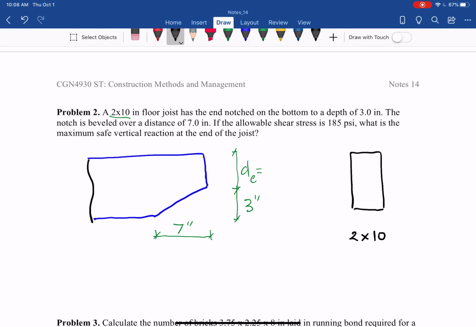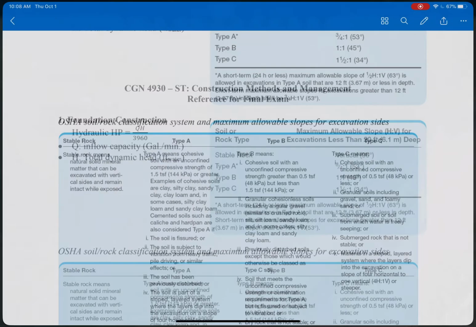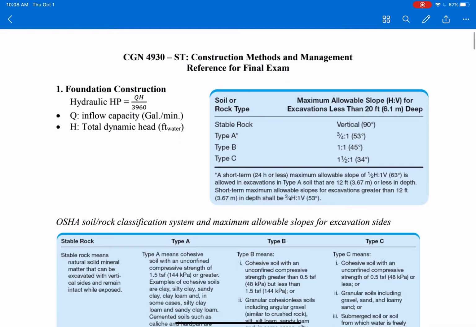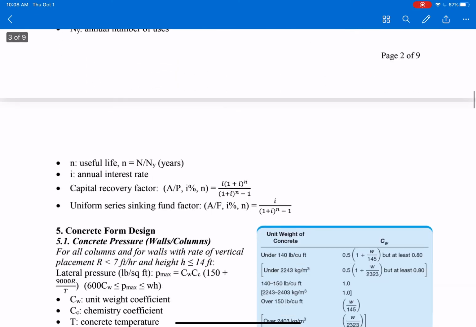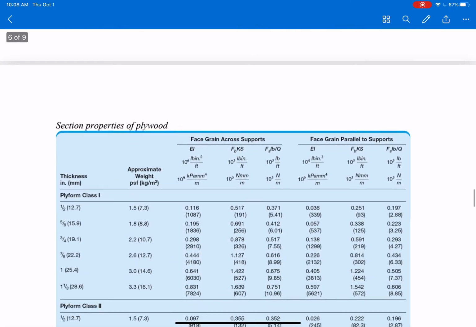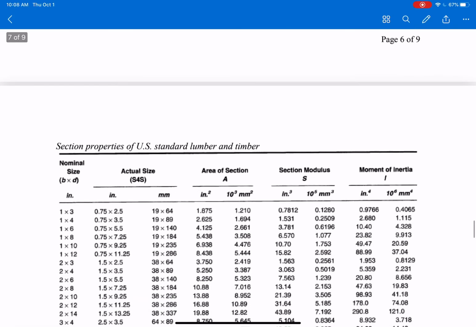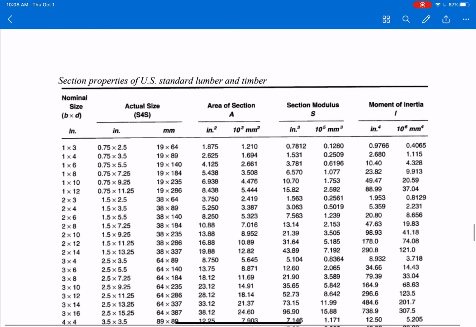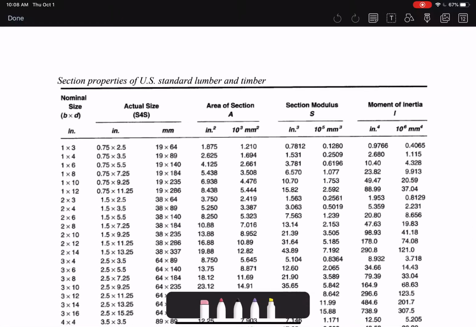With that, you go to the final exam reference for this class and go to page number 7. We have the standard lumber and timber section properties, and as you can see there, the nominal size that I just told you for this joist is 2 by 10.